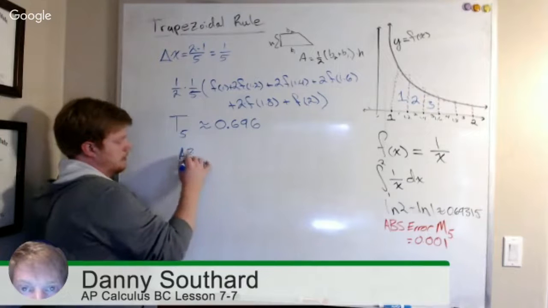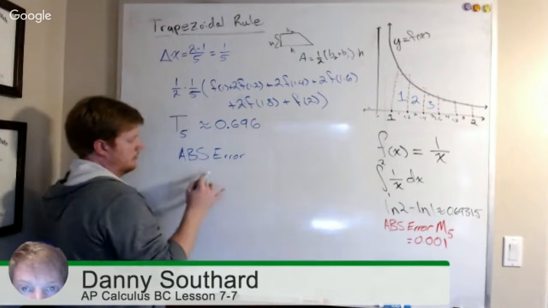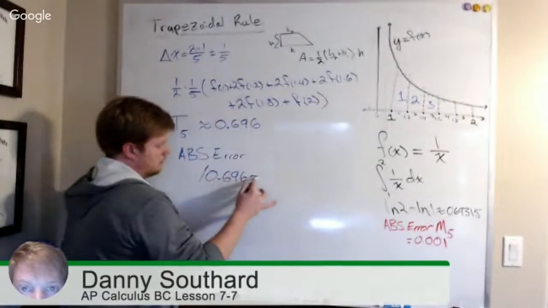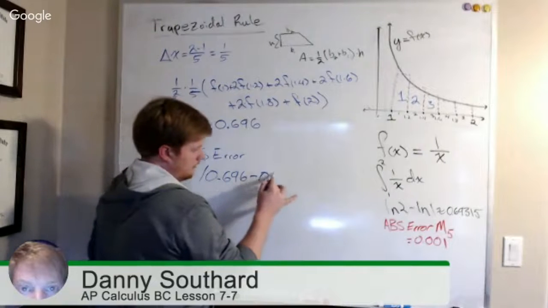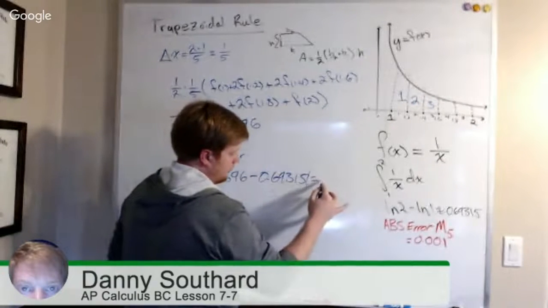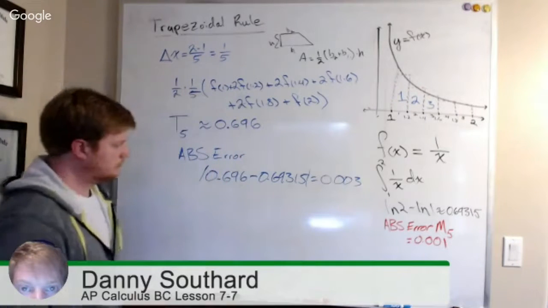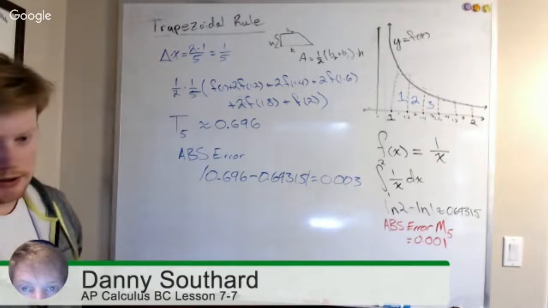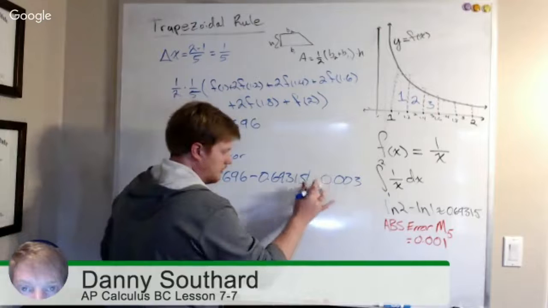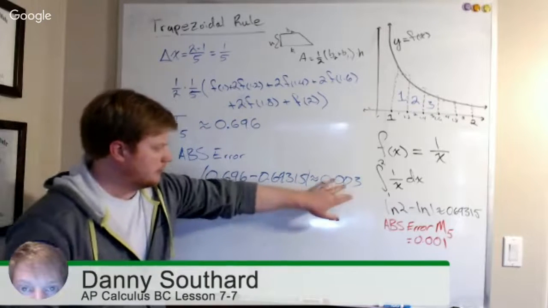Midpoint rule with 5 intervals. So let's see, my absolute error about 0.003. It's good, we'll do this because I like 3 decimal places for answers.